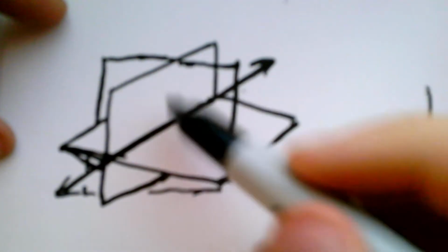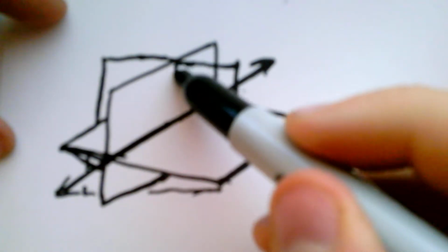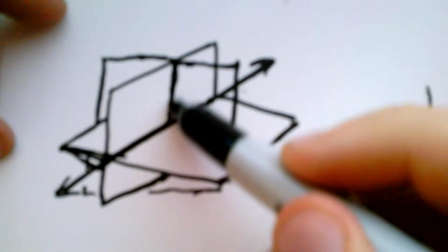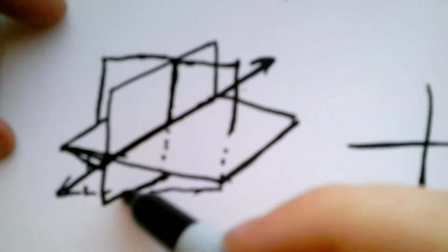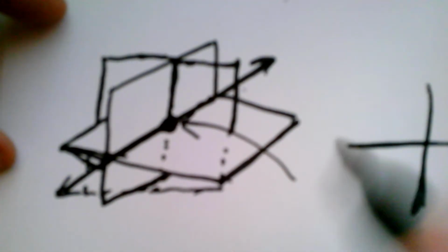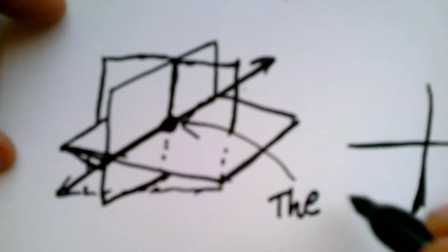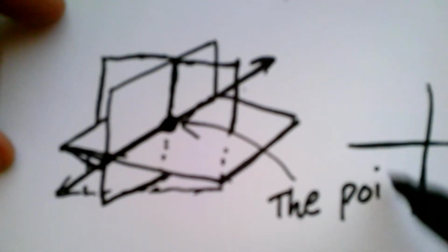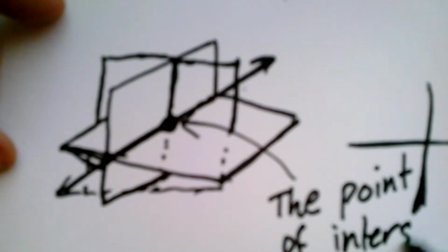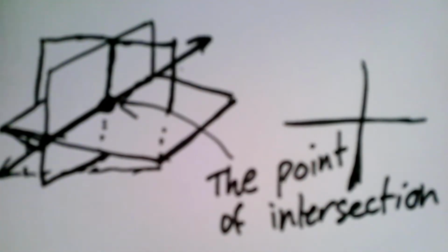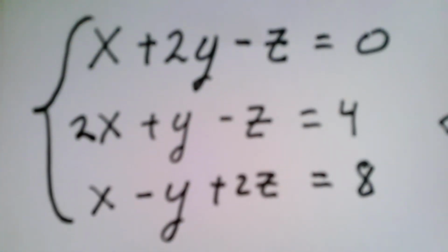If I had another plane, then I would get an intersection that would go like so. And I would be able to limit down to this point of intersection for my three equations. And we'd call that the solution, the point of intersection.